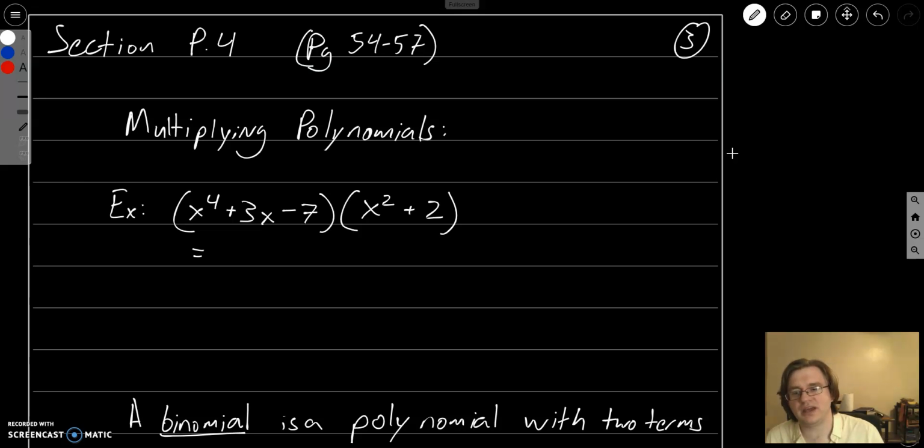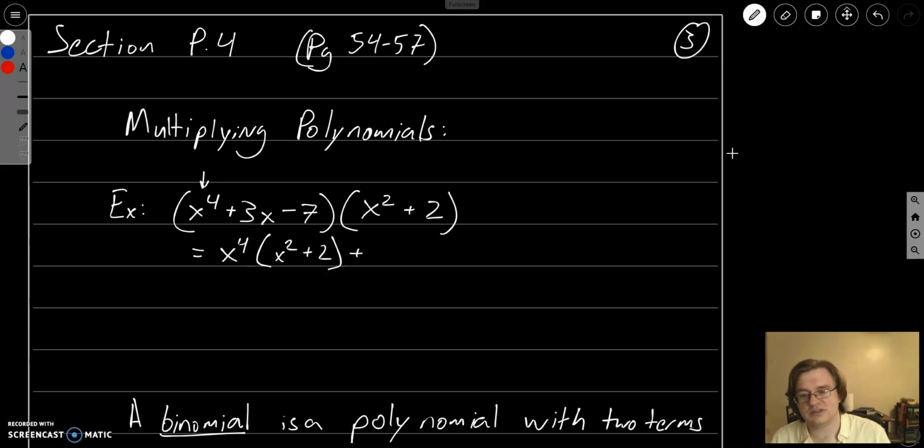But when we're multiplying two polynomials, I like to distribute the first polynomial across the second. So here what we can do is I will take the first term in the first polynomial and multiply it by the second. And I'll continue doing this for each term.